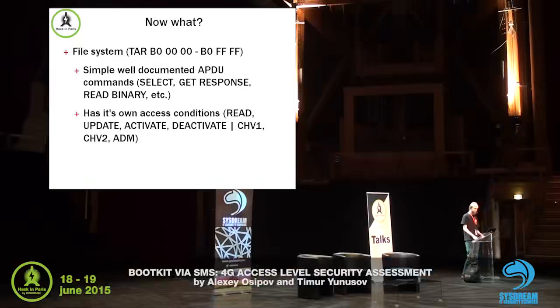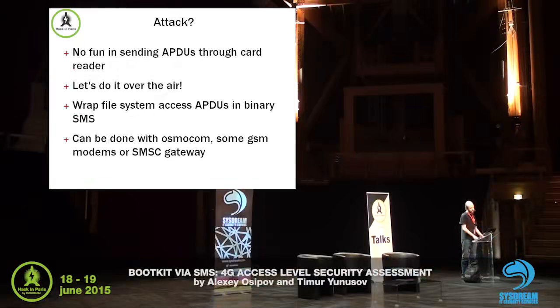There is no fun sending it locally, so you can take an Osmocom phone and send SMSs to an arbitrary number on the telecom network. If you don't have Osmocom, you have the opportunity with SMS centers that allow you to send such binary SMSs to any number.